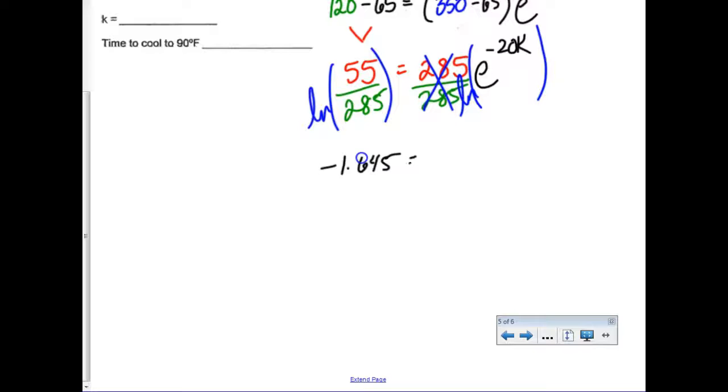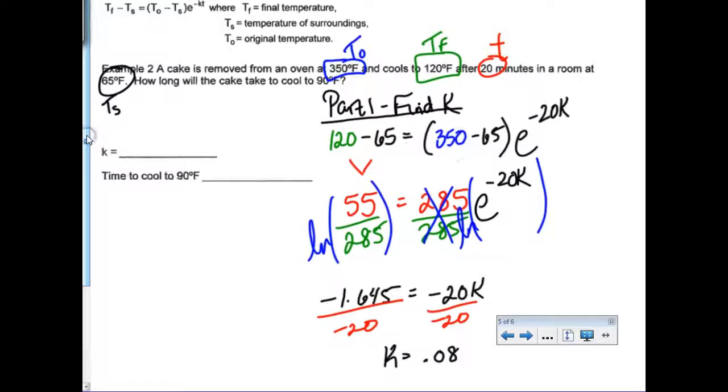Thank you. And then e and natural log will cancel, so you still have negative 20 times k. Divide both sides by negative 20 real quick. So we'll call it 0.08. Sounds good to me.